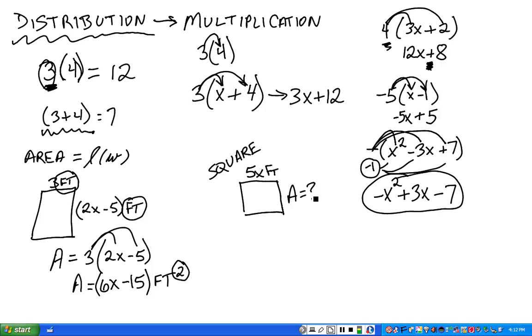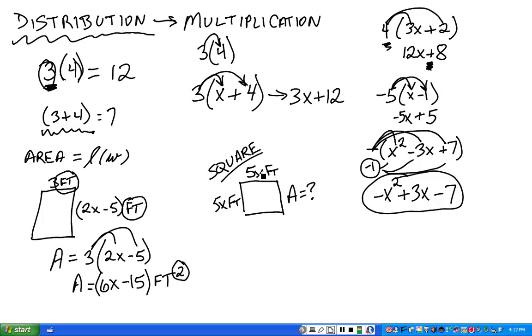Looking at it, a 4-sided figure, you're only given one dimension, the width, which is 5x feet. So some may think they don't have enough information. But the fact that we know this is a square means that if this side is 5x feet, then all sides are 5x feet.